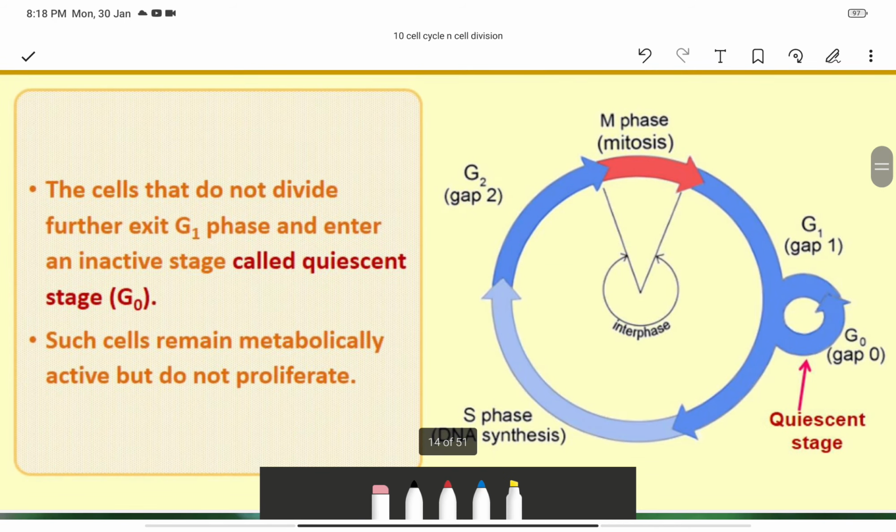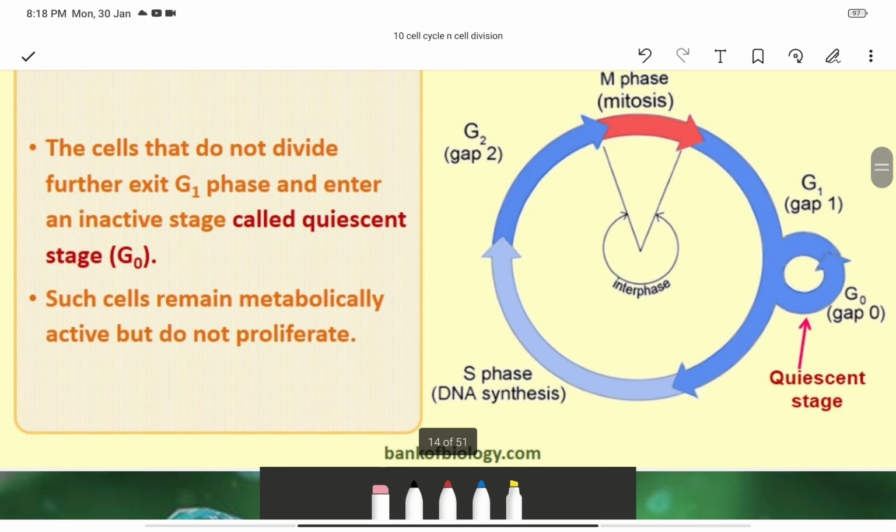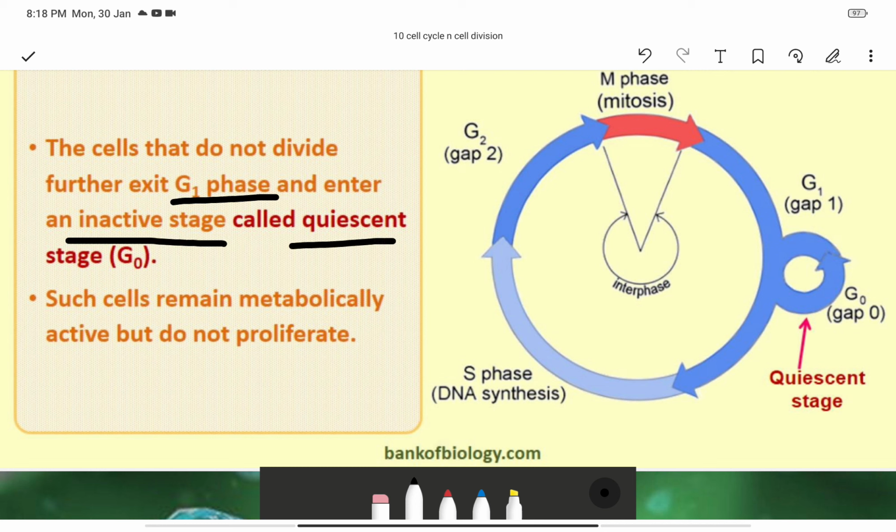Cells that do not divide further exist in the G1 phase and enter an inactive stage called the G0 stage. These cells remain metabolically active but do not proliferate.